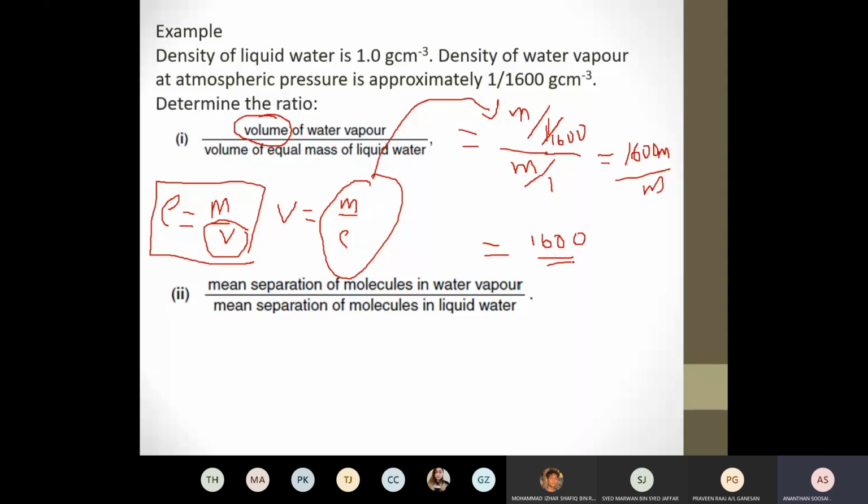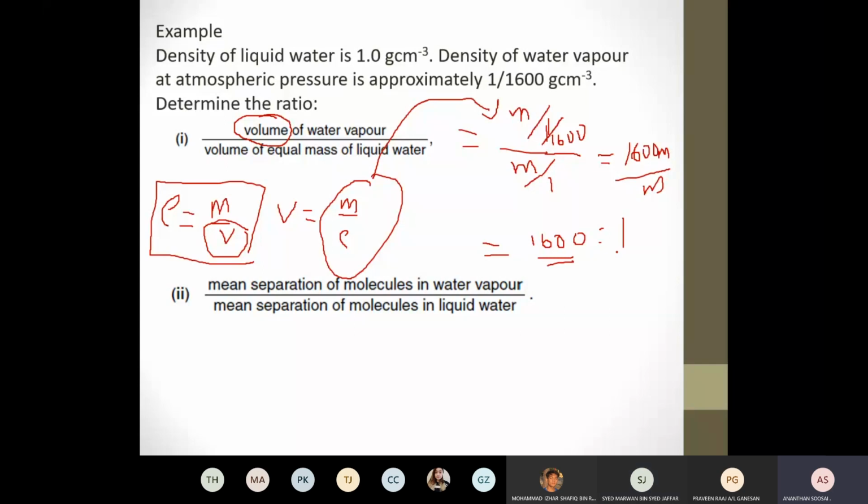So the answer should be 1600. We must use the same mass because we are comparing with the same mass. Okay, so that's the answer. We write in ratios, so it's a ratio of 1600 to 1.